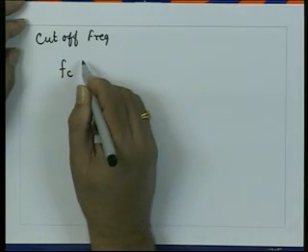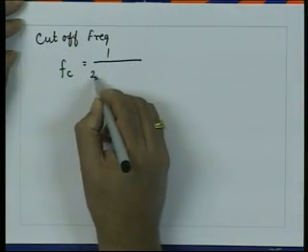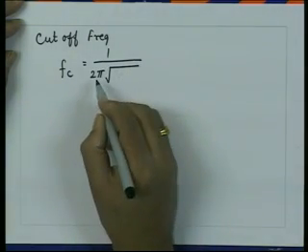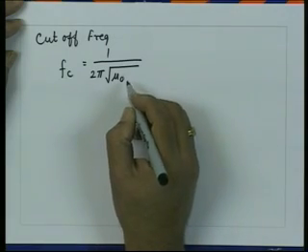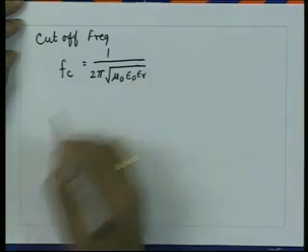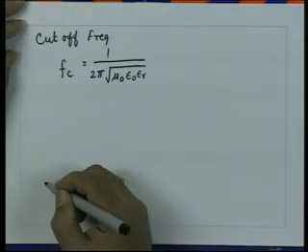f_c is equal to 1 upon 2 pi square root of mu 0 epsilon 0 epsilon r, the dielectric material we are talking about. So, the relative permeability is equal to 1.